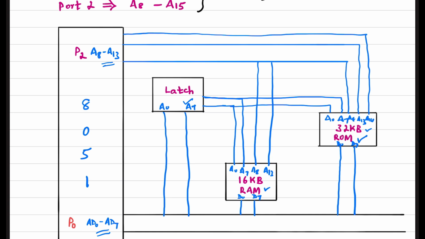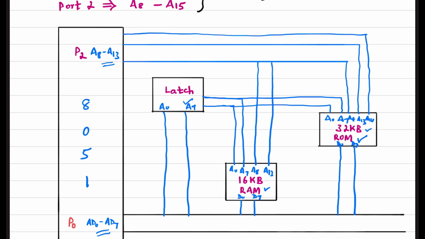So why do we require the latch? I've already told, again repeating. Port 0 acts as both address line as well as data line. Whenever we are making use of it as a data line, we cannot use it as an address line, and when we are using it as an address line, we cannot use it as a data line.